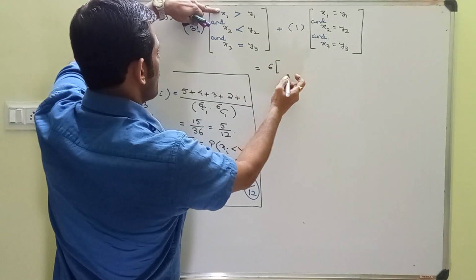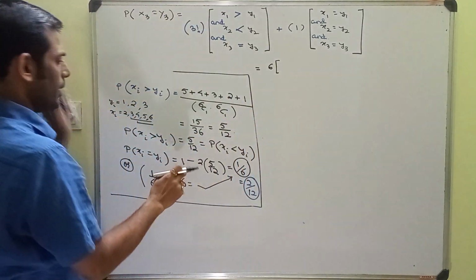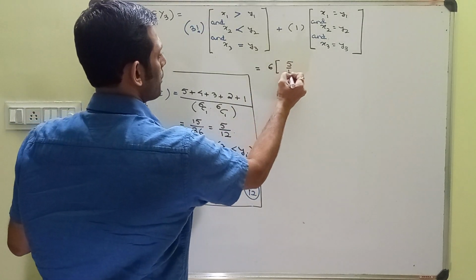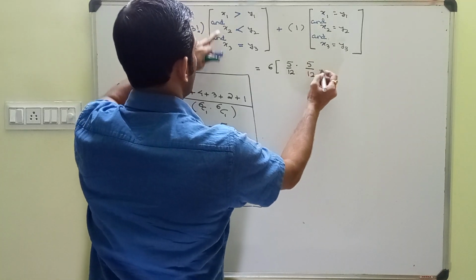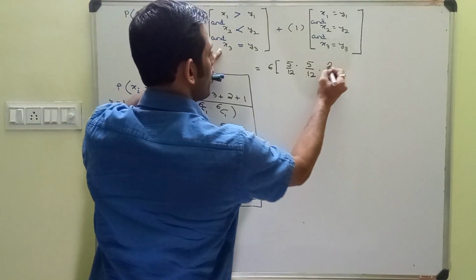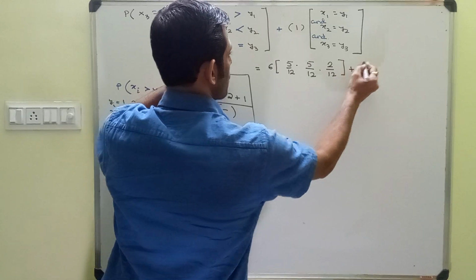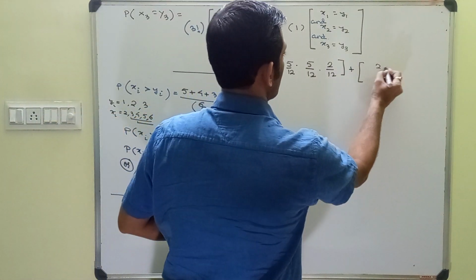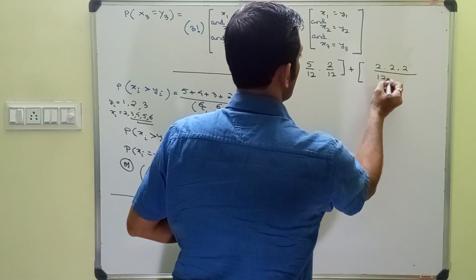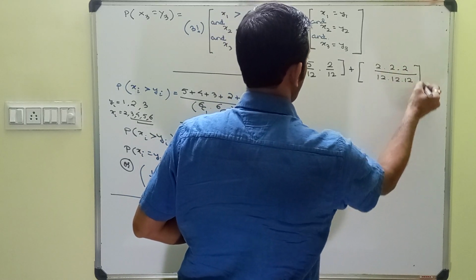Let's begin with this. P of x1 greater than y1, that means 5 by 12. Inequality means 5 by 12. Equality means 2 by 12, plus all the three equal means 2 by 12, 2 by 12, 2 by 12, and that's all.